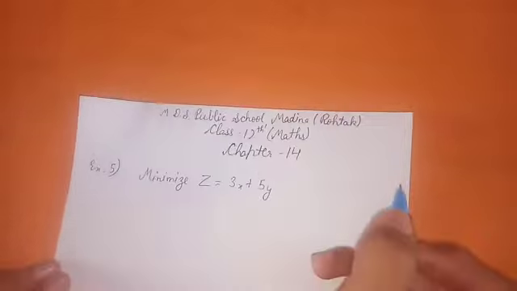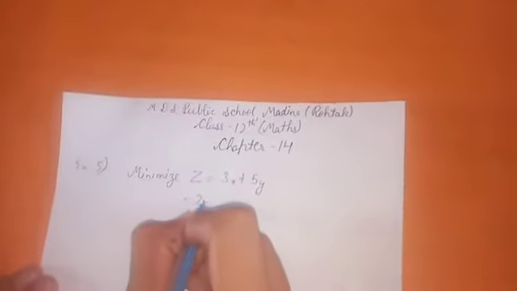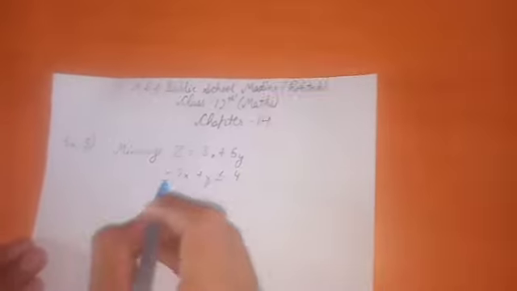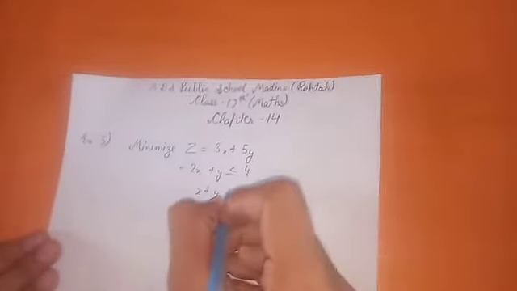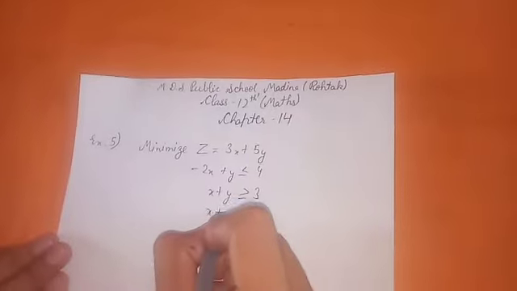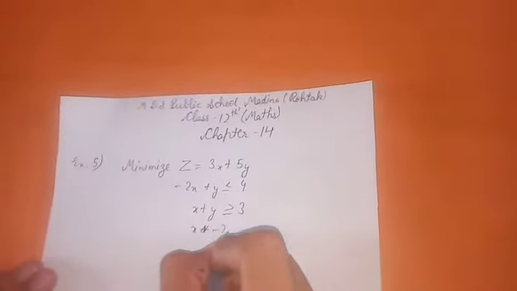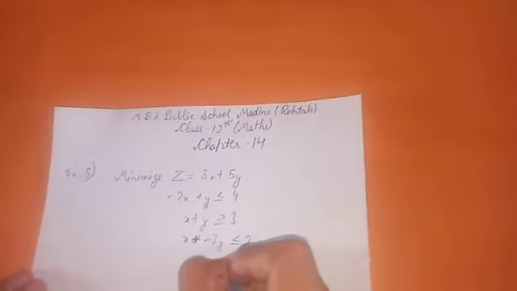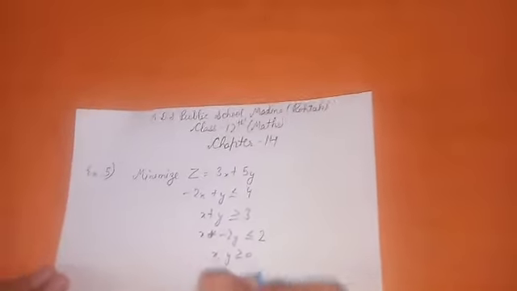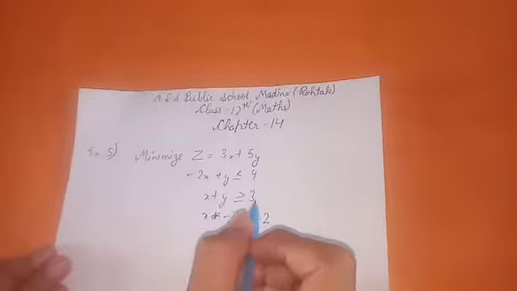Our constraints are minus 2x plus y is less than or equal to 4, x plus y is greater than or equal to 3, x minus 2y is less than or equal to 2, and x and y are greater than or equal to 0.